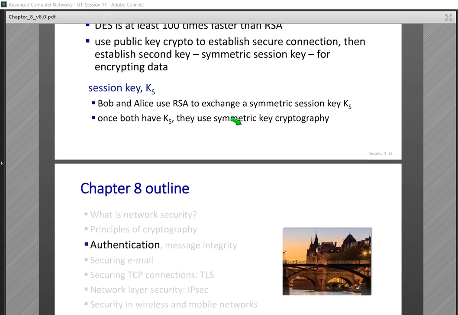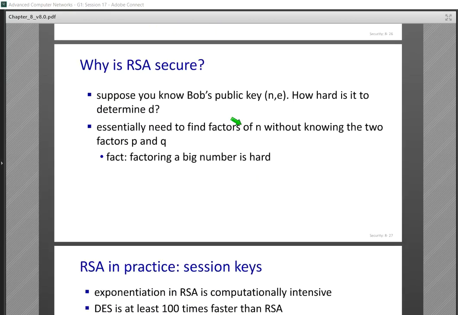Okay. Let's check something. The RSA is secure when I compare it with, for example, this. RSA is secure. Why? Because in RSA, I'm using a public and a private key.